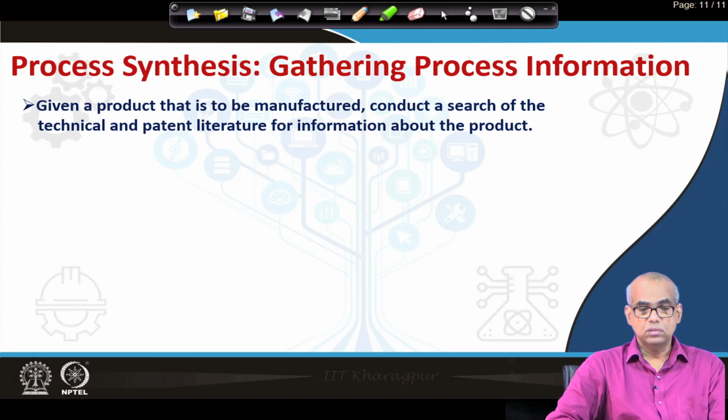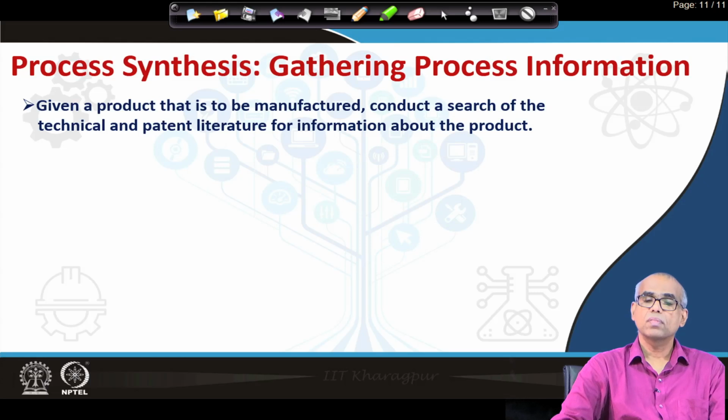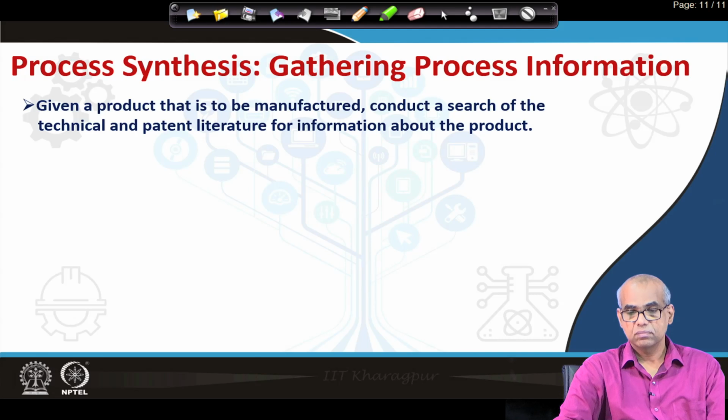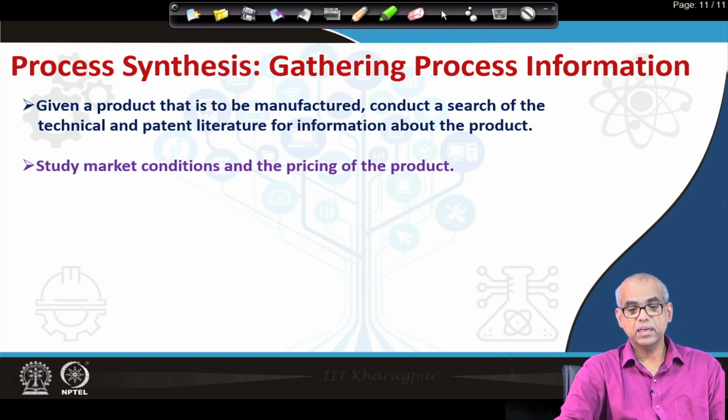Now, the process synthesis will normally start with gathering process information. You must gather information about your process. Given a product that is to be manufactured, we have to conduct a search of the technical and patent literature for information about the product, study market conditions and the pricing of the product.